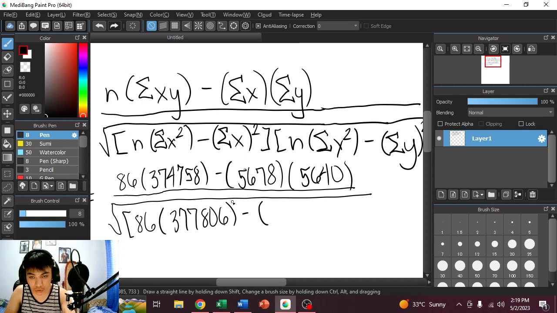The summation of x quantity squared is basically just this, and we square that. So that squared. Okay?